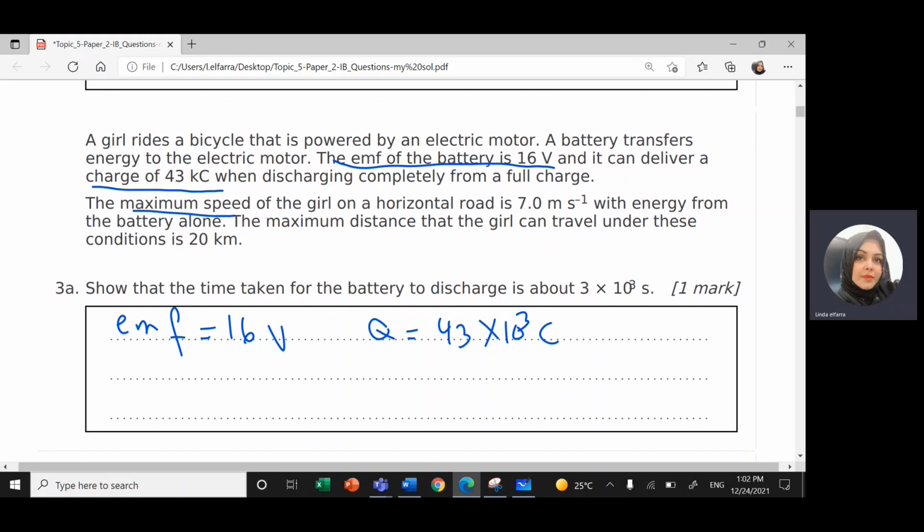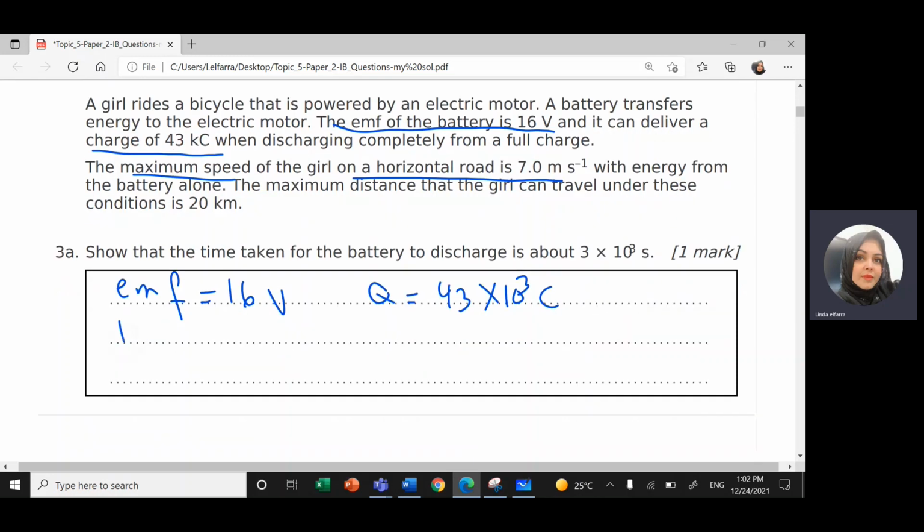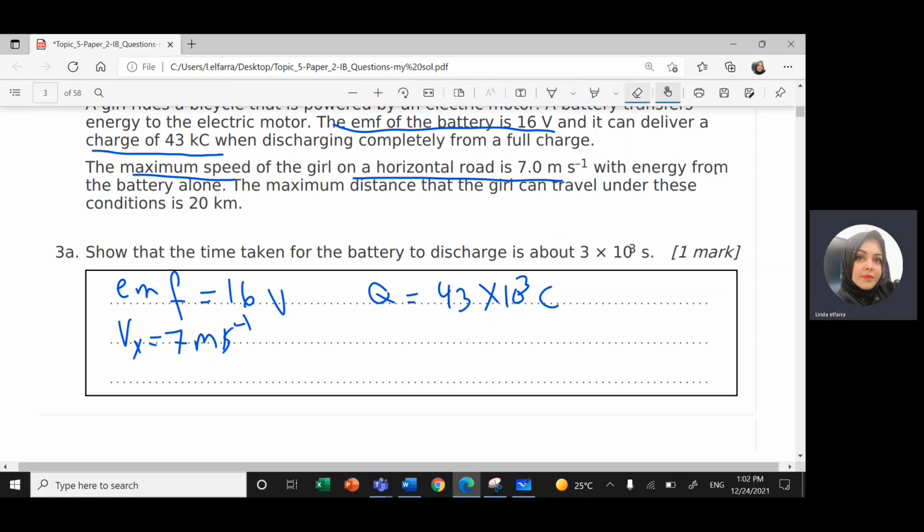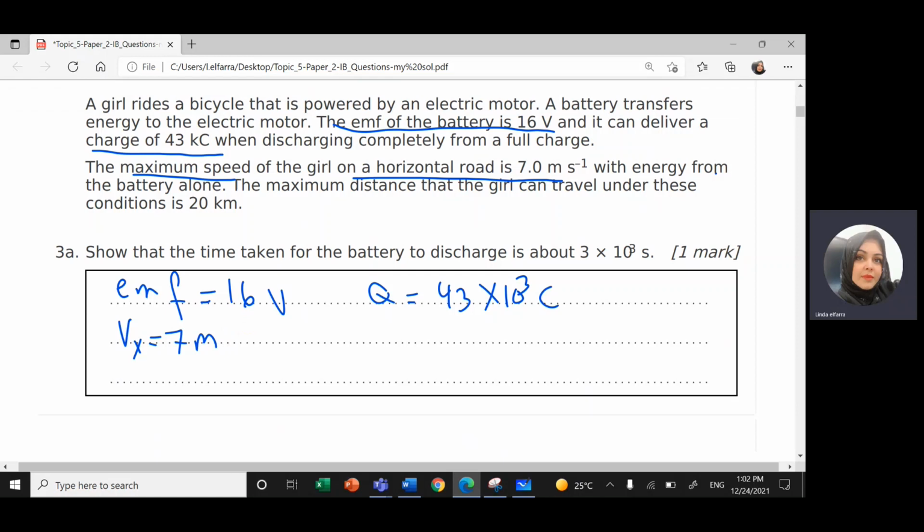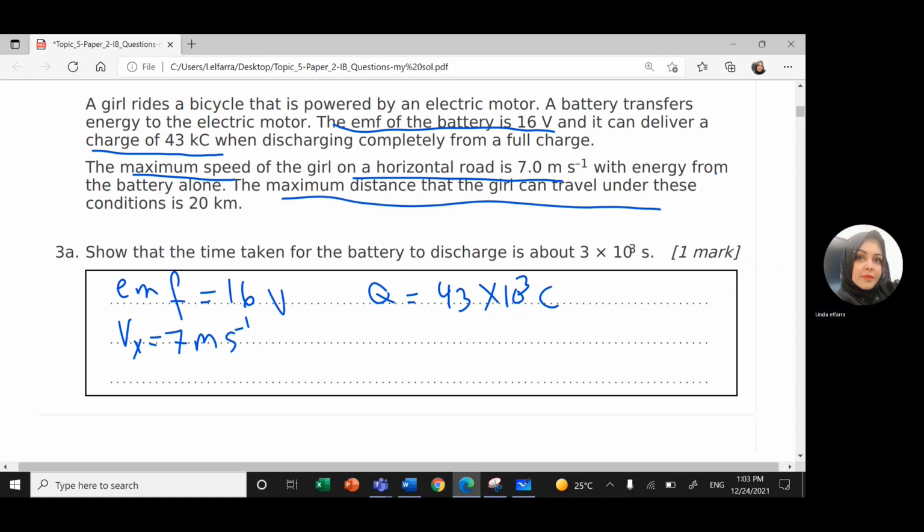The maximum speed of the girl on the horizontal road is 7 meters per second. So velocity in x direction, 7 meters per second. With energy from the battery alone, the maximum distance that the girl travels under this condition is 20 kilometers.